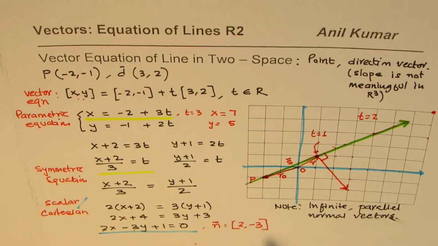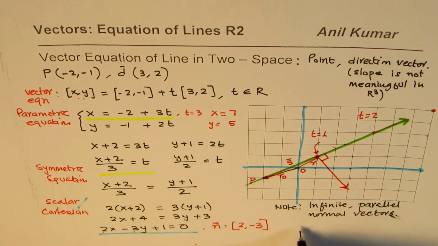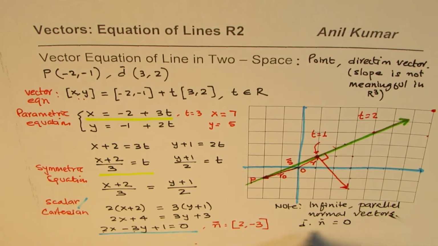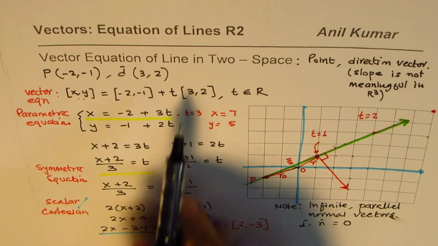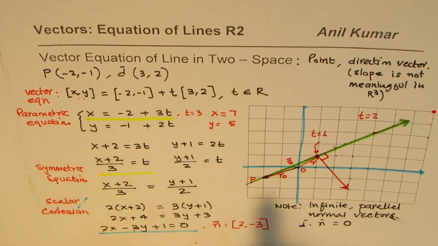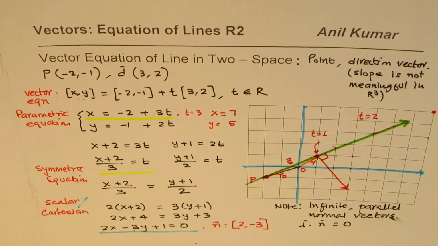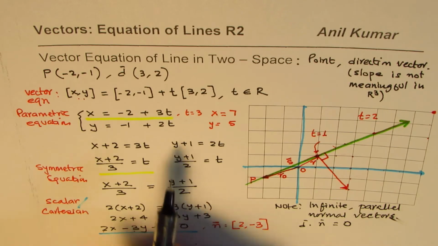The way to test is, the dot product of the normal and the direction should be equal to 0. You could do that and test yourself. 3, 2, flip it, you get 2, 3, change one sign. That's the key to writing down the normal vector. That's how you do it.